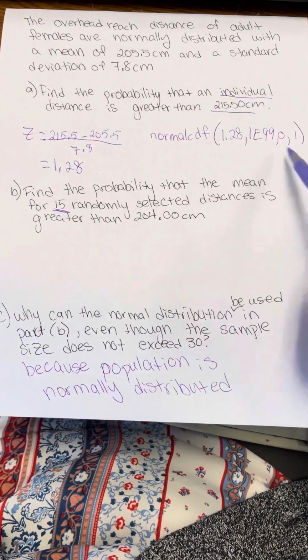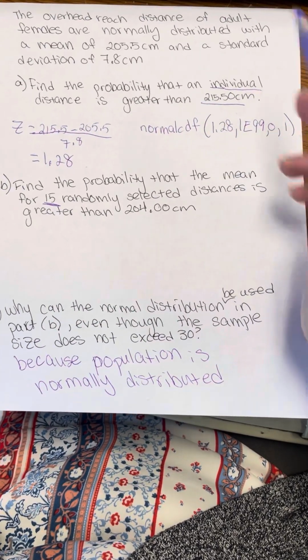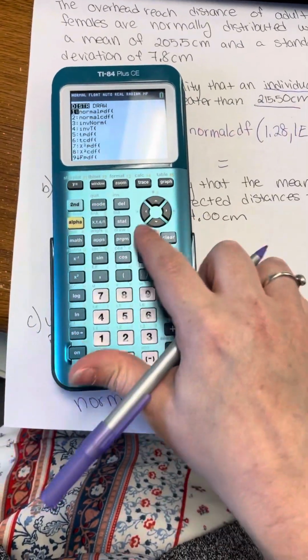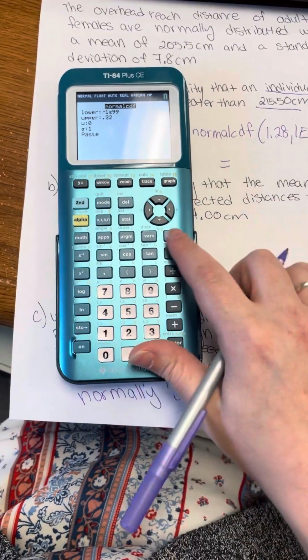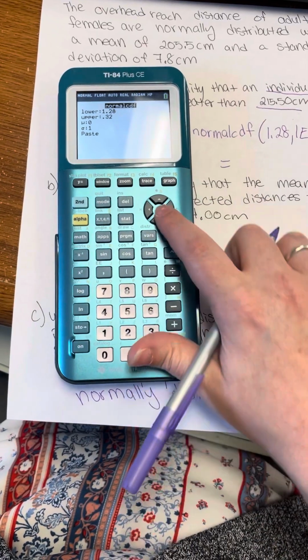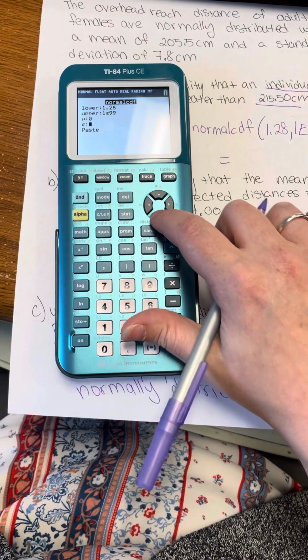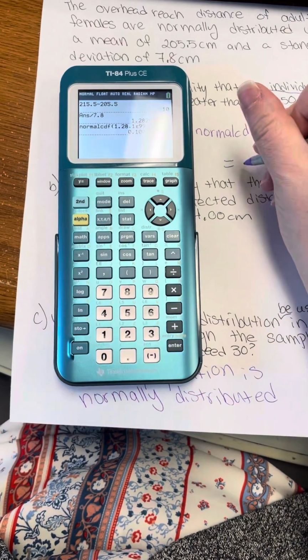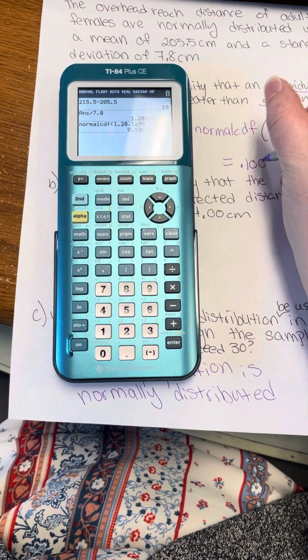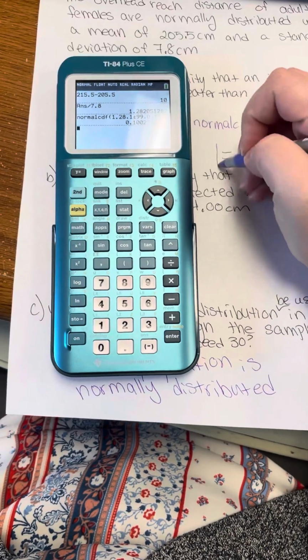Once I'm doing this with z-scores, I have to do it this way. So 1.28, 1e99, 0, 1. All right, so I get 0.1003 to 4 decimal places.